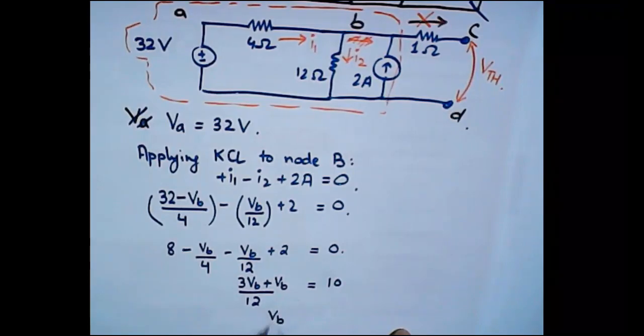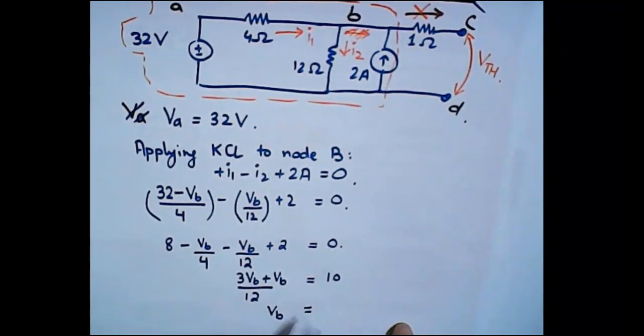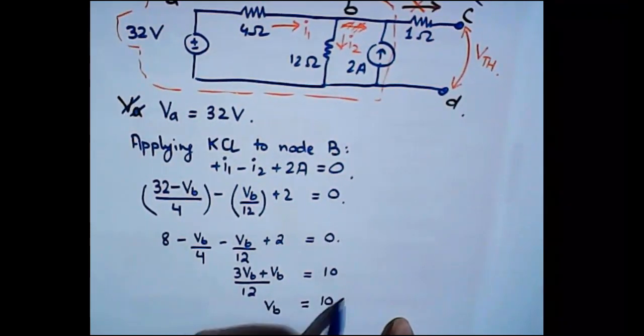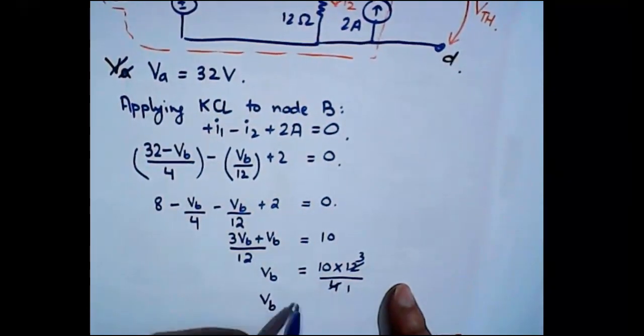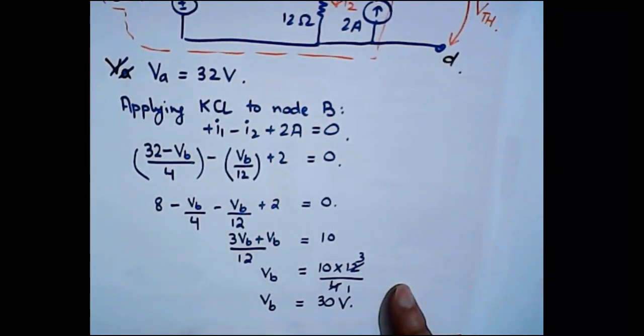So VB will basically be equal to 10 multiplied by 12 divided by 4, so it will become 30. So VB will be equal to 30 volts, right?